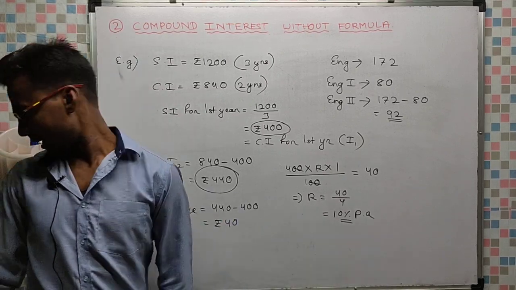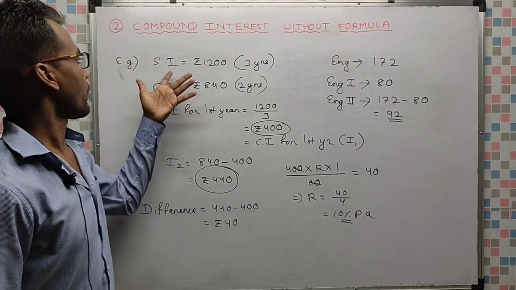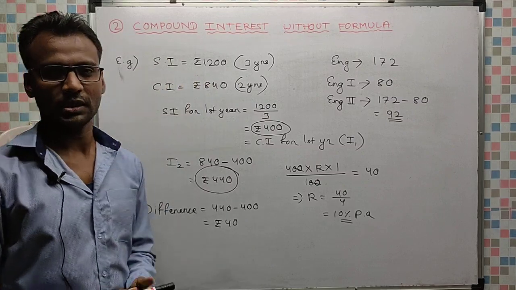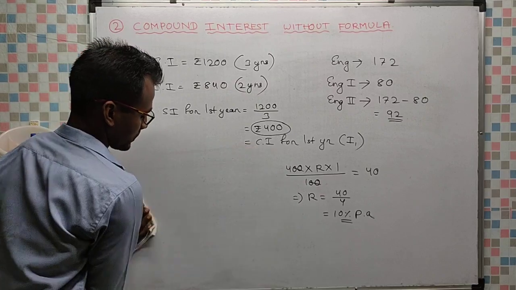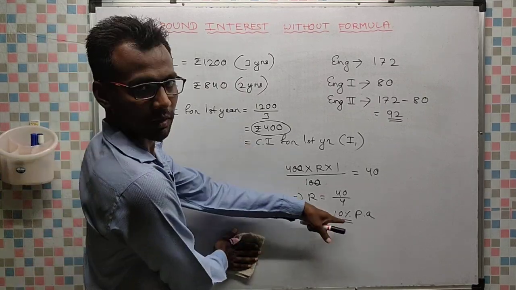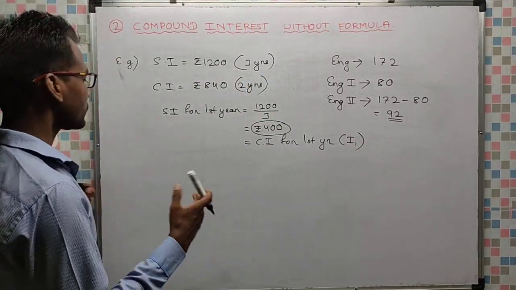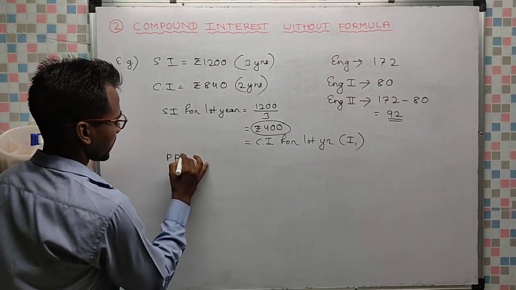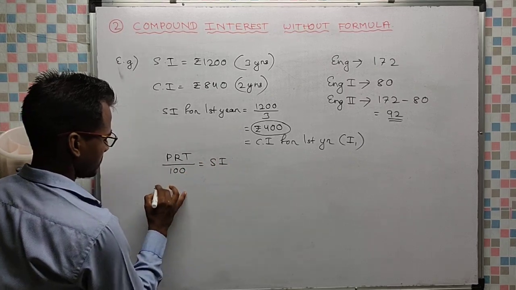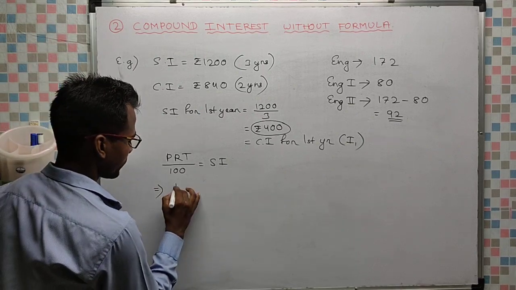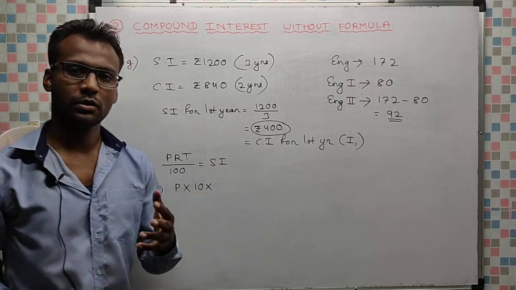Then we have been asked to calculate the principal. Okay, we can use simple compound interest or simple interest. Let us use simple interest, it is easier. Rate is 10%. PRT by 100 is SI. Principal we have to calculate, rate we have got 10, time we can take 3 years or 1 year.